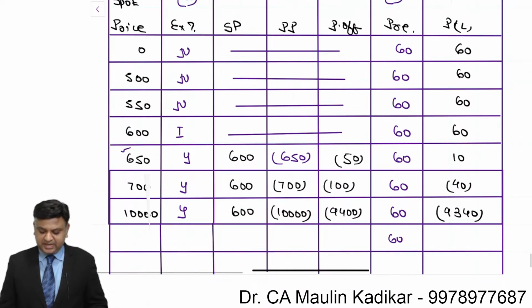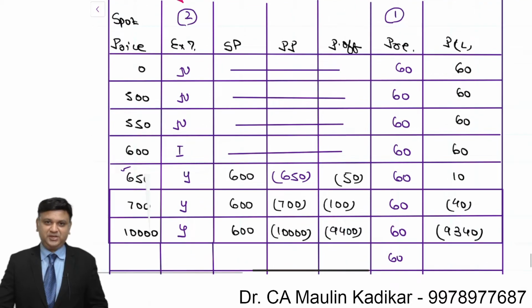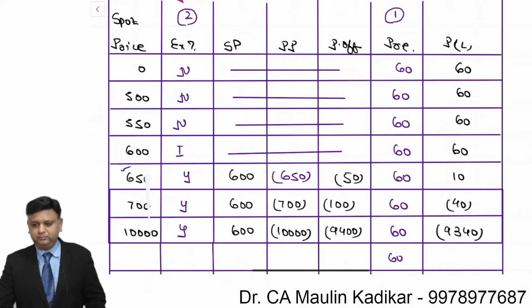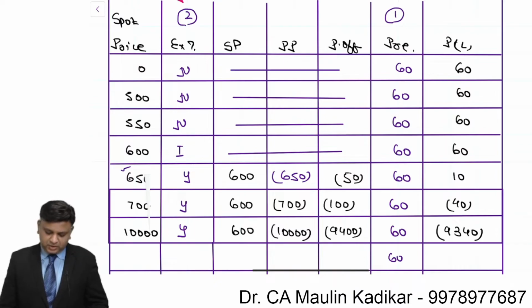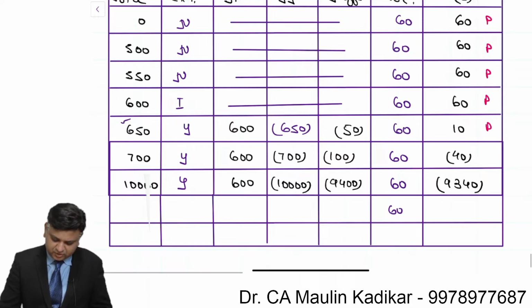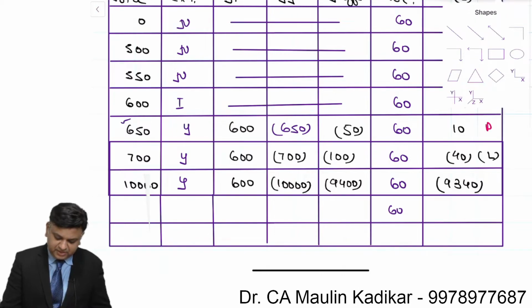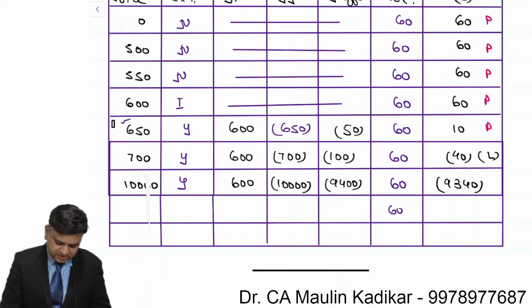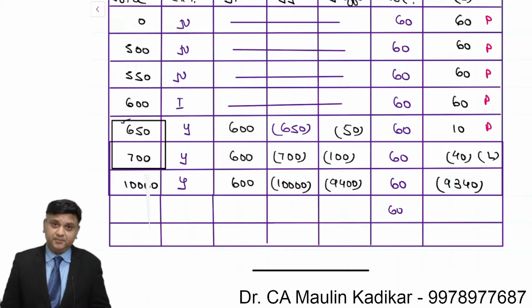Now let us make the calculation of the break-even point. So we understand that the break-even point can be found like this: profit, profit, profit, profit, profit, and that is getting converted to loss. So the break-even point is lying between these two prices, 650 and 700.